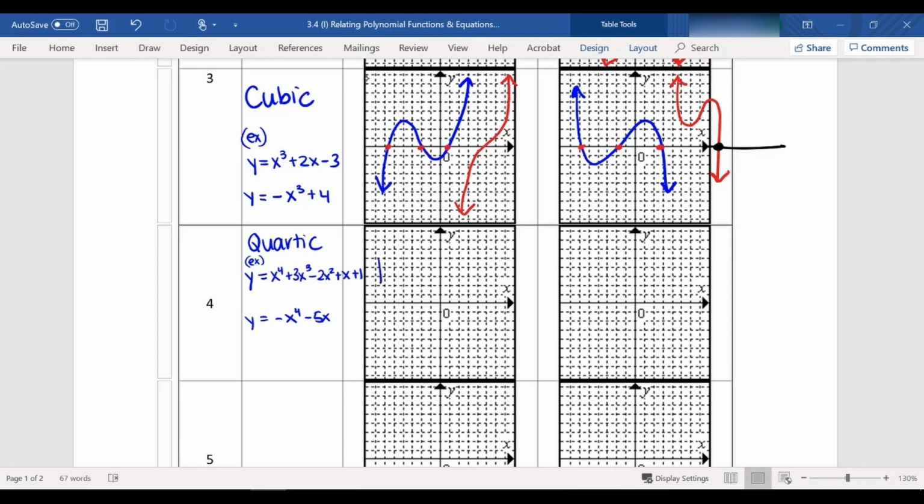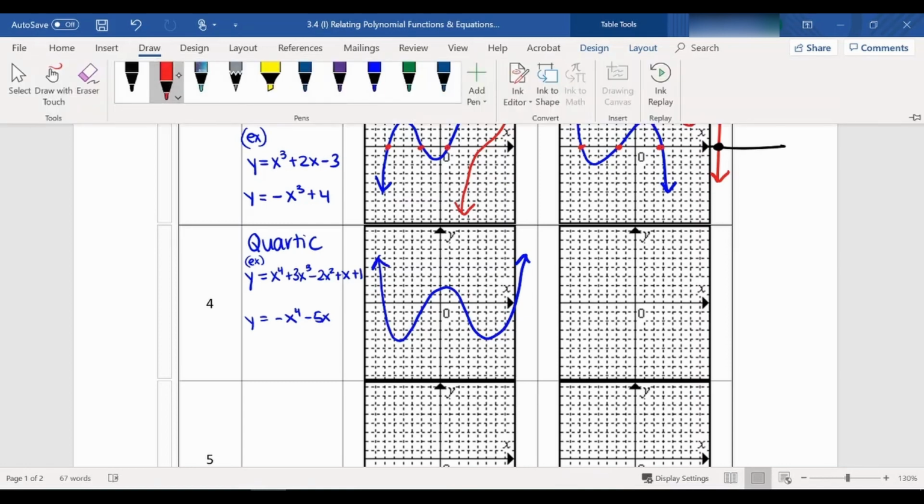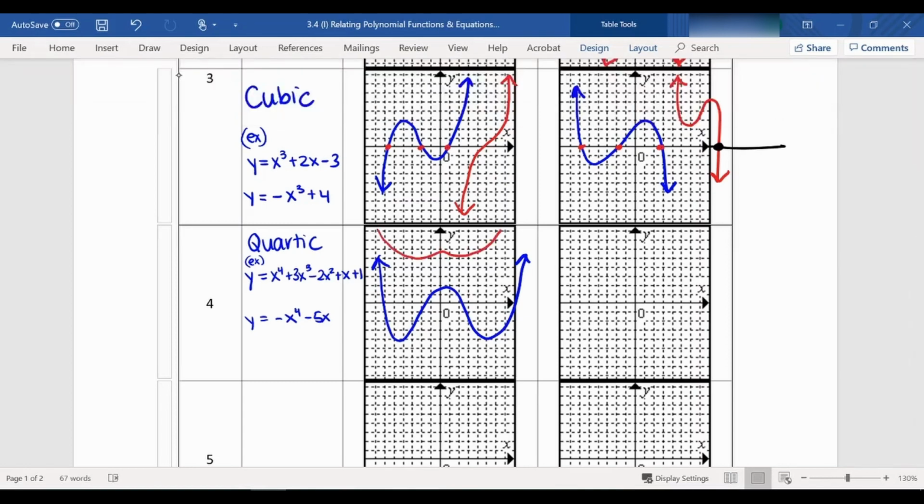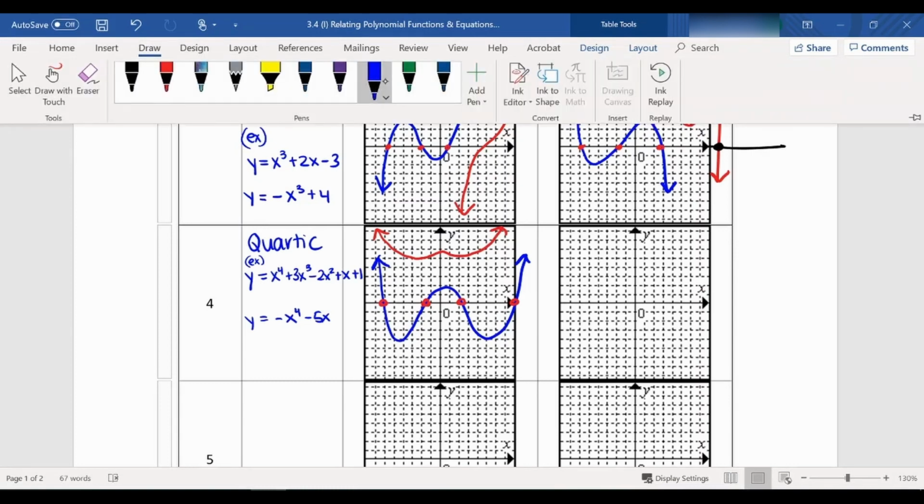So a very strong W would look something like this. Okay. But a more slight example might look something like this. Okay. So you can see that the quartic could cross up to 4 times, but it might cross no times if it's like the red one. Okay. If I have a negative leading coefficient, it's going to be upside down like an M.